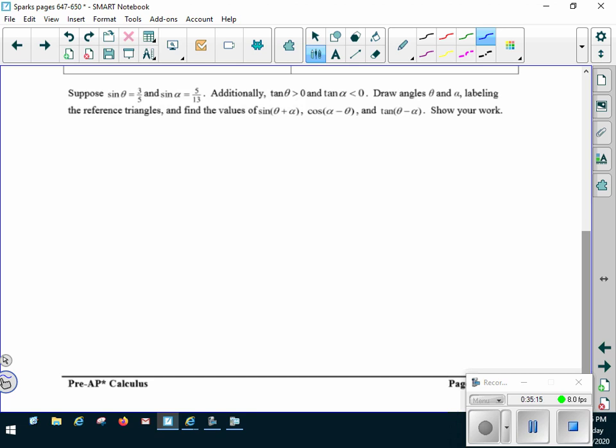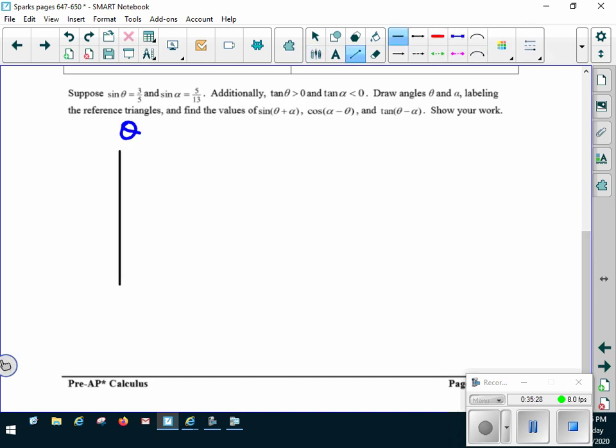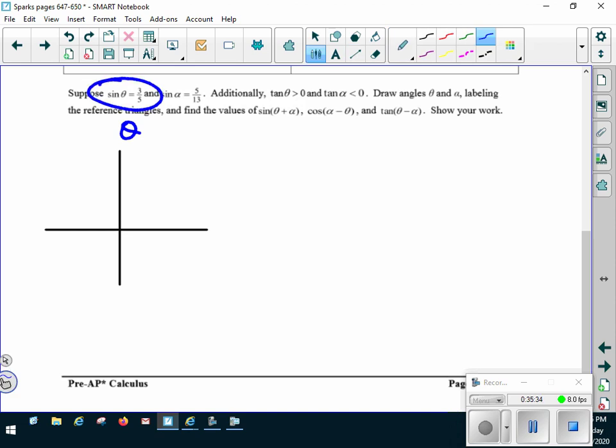If you remember, we're going to go through this kind of quickly. The first thing we have to do is decide what quadrant it's in. So let's talk just about theta. What does this tell us about quadrants?